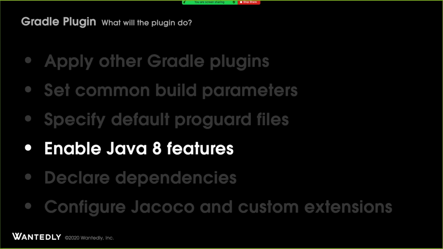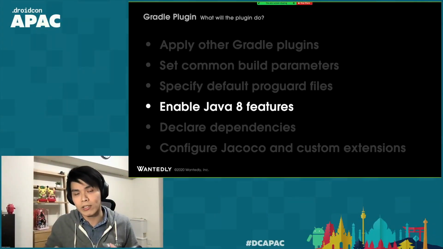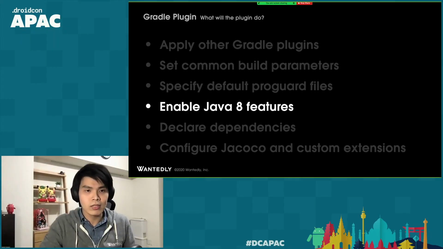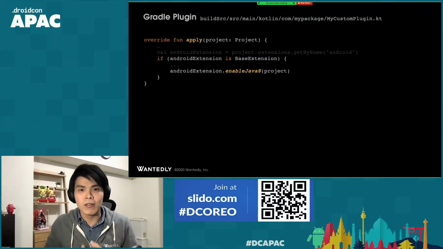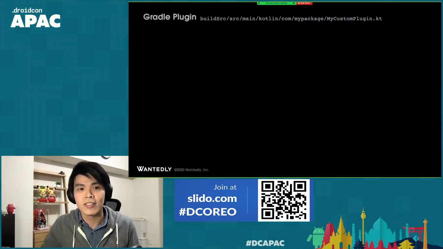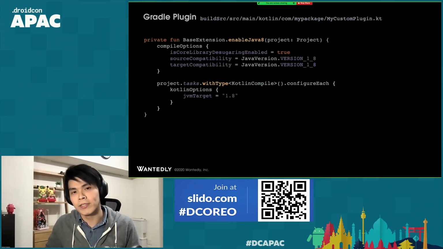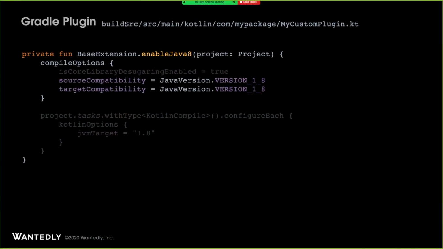Next, I want the Gradle plugin to also apply or enable Java 8 language features. To do that, again inside the apply function, I will create an extension function called enable Java 8. And inside it, I will first set the source and target compatibility for Java code to Java version 1.8.